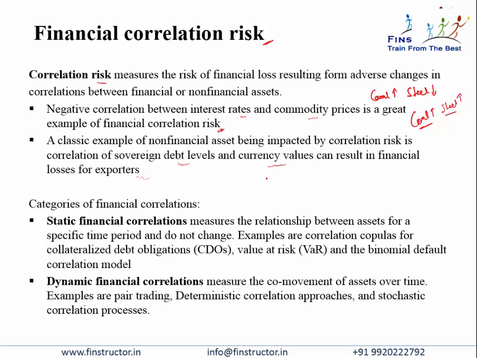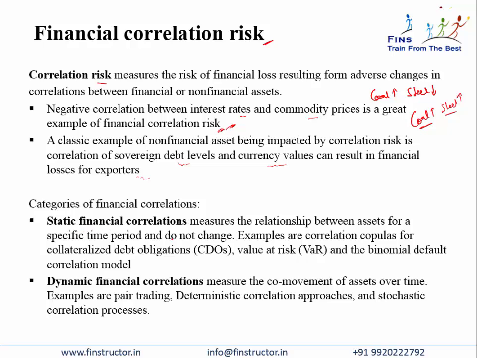So there is generally a correlation between different financial assets as well as non-financial assets, and we've seen that as these correlations change, there can be a profit or a loss. The risk of loss is correlation risk.